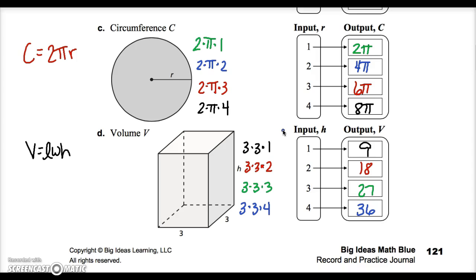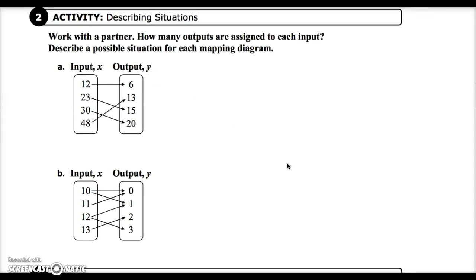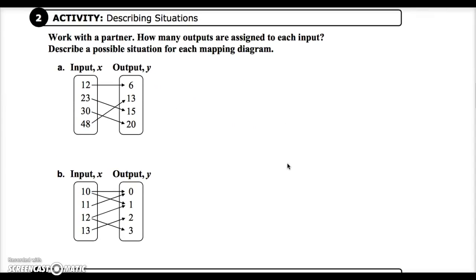Now, on the next page, page 122, Activity 2, it just simply says how many outputs are assigned to each input. And then describe a possible situation for each mapping diagram.